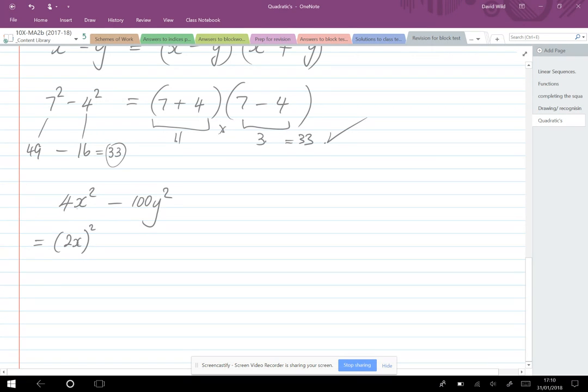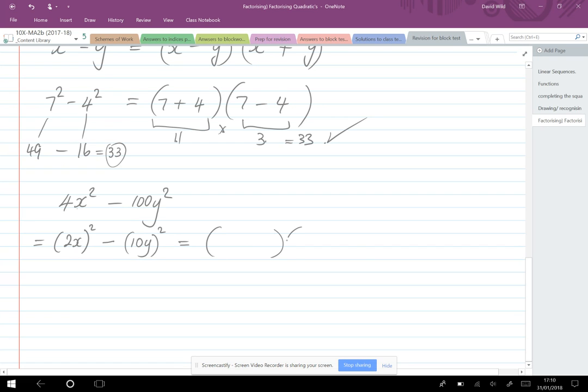Remember, 2x all squared is 2 squared x squared, and 2 squared is 4. So these two things are equivalent. And the same goes for this one. This is 10y squared, 10 squared y squared. 10 squared is 100. So that's the first step with that one, because they're not immediately square numbers, but we write them like this.